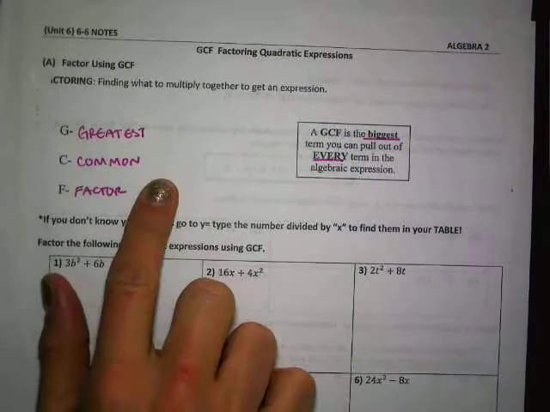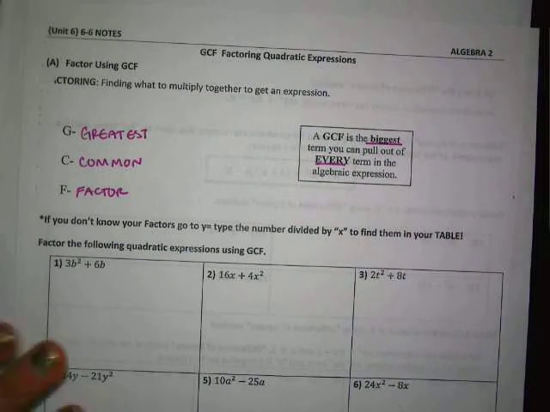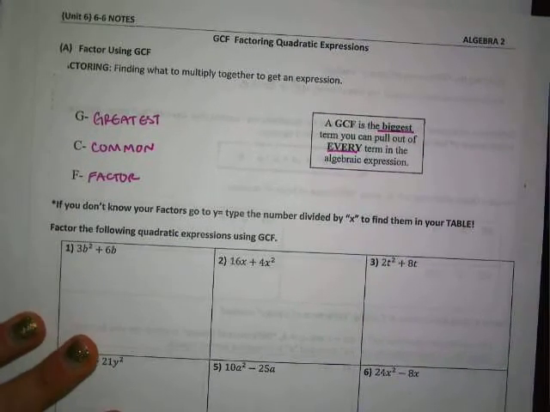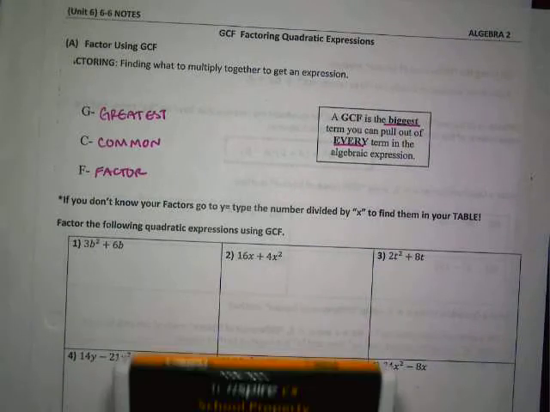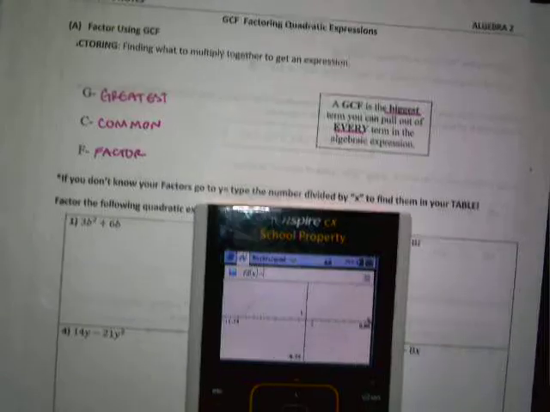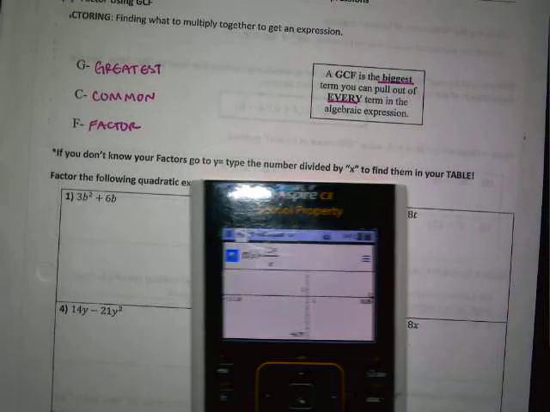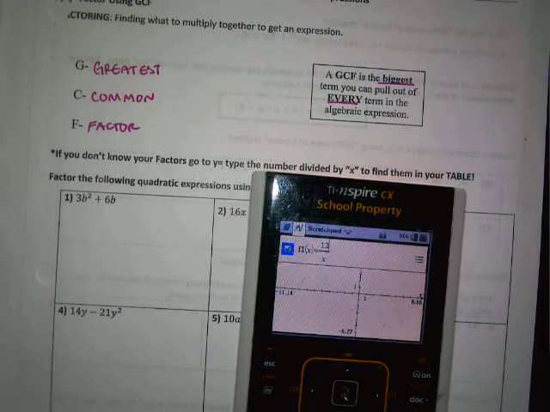All right, this little asterisk here, for our factoring, we're going to be doing it without a calculator, so you're not going to need this. But if you have a really difficult factoring problem on the ACT or the SAT or TSI or what have you, this is just the way to get the factors in the calculator. So if you go to your graph and you type in whatever number you want to find the factors of, like I made you go up to 50 on the extra credit, 1 through 50.